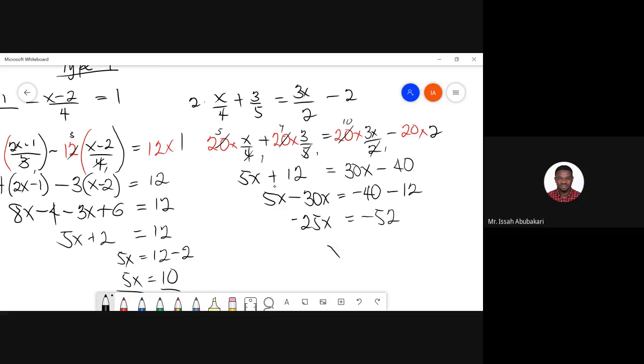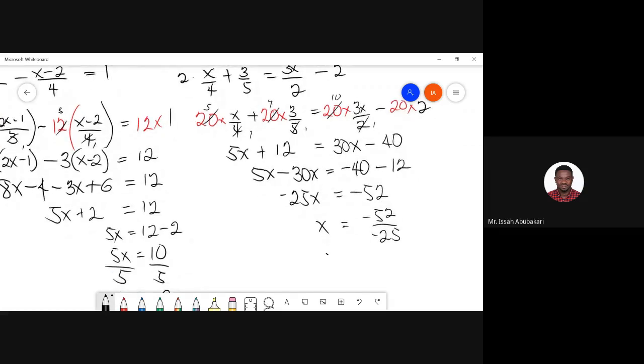And then our x is equal to minus 52 divided by minus 25. So our final answer will be x is equal to positive 2 whole number, 2 divided by 5. Is that okay? Positive 2 whole number, 2 divided by 5, because the negatives will cancel each other. Please, is that okay?